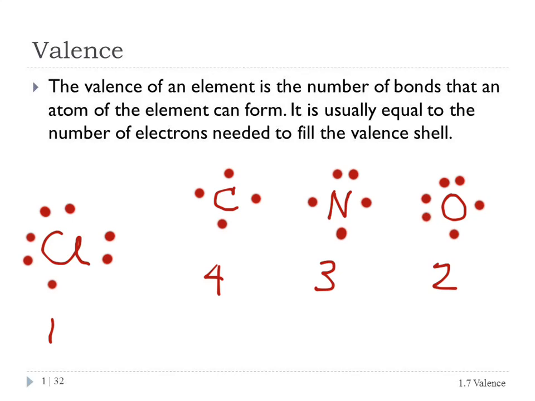We go over 1 more. Oxygen and sulfur and selenium, valence of 2. Nitrogen and phosphorus, valence of 3. Carbon, silicon, valence of 4. Okay? And knowing this really helps with drawing correct Lewis structures and just correct structures in general, because most of the time they'll follow their valence.